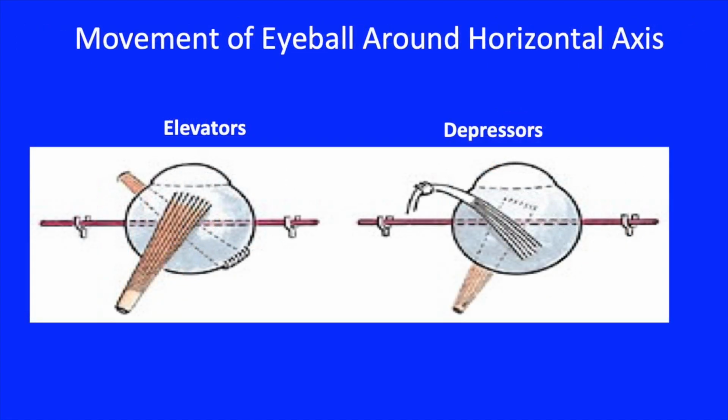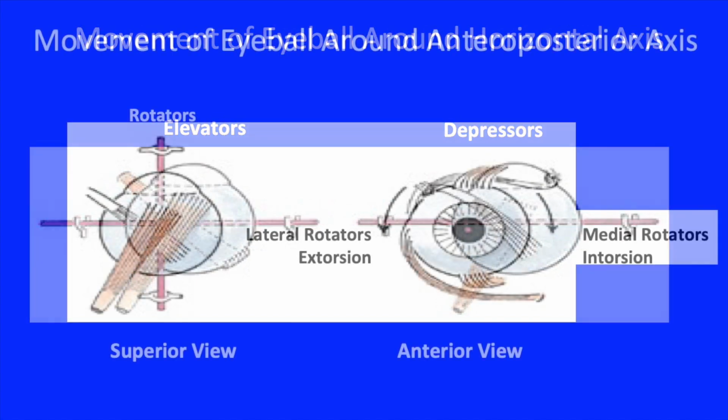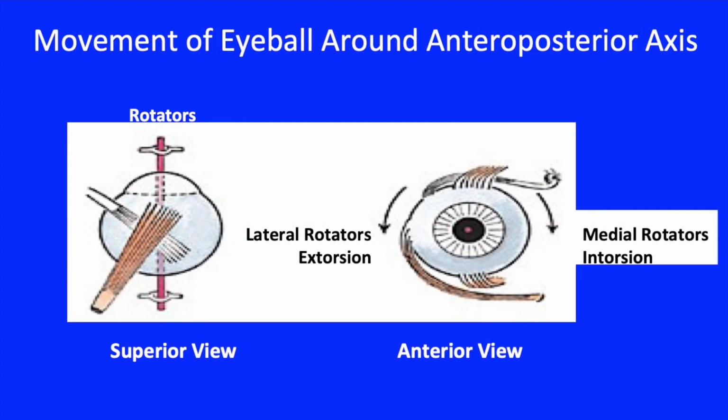Eyes can look upwards, elevation, or downwards, depression. And eyeballs can partially turn inwards, that is known as intorsion, or turn outwards, which is known as extorsion. The axis of rotation is through the pupil and optic nerve.